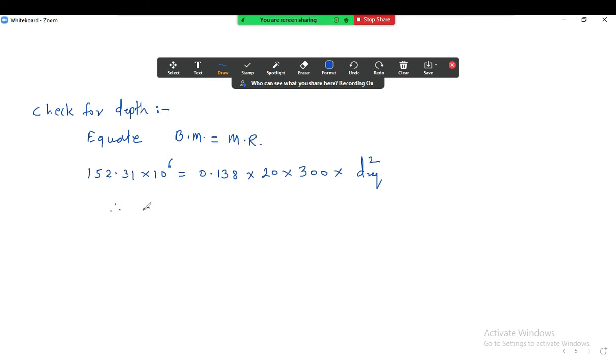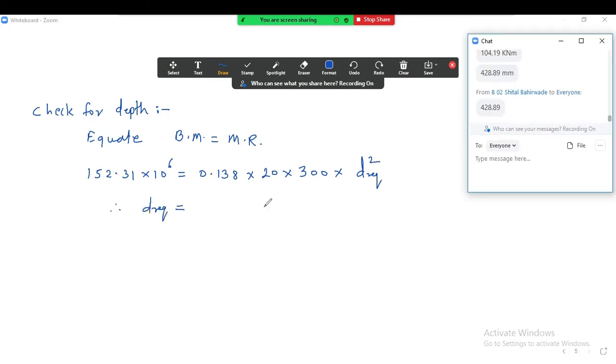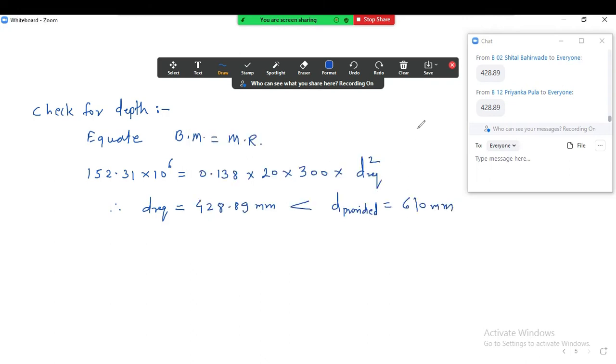Therefore the required depth is 428.89 mm, which is less than D provided. What depth have we provided? 610. So it is oversafe.